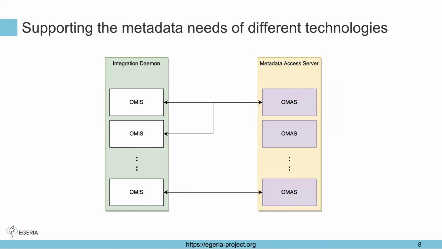Now, I talked about the fact that different types of technology need different types of metadata. If you know Egeria, the metadata server has a lot of different types of interfaces called access services, or OMASs, Open Metadata Access Services. And those provide specialist APIs for different types of metadata. So there's one for setting up a governance program, there's one for cataloging data stores, there's one for managing IT infrastructure.